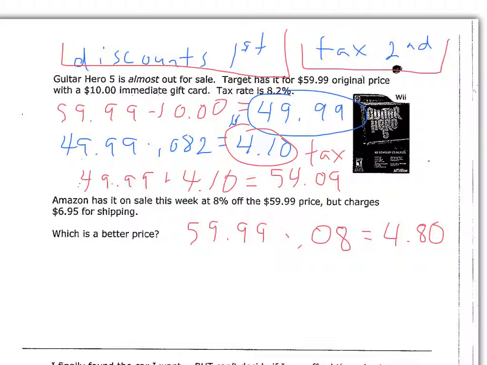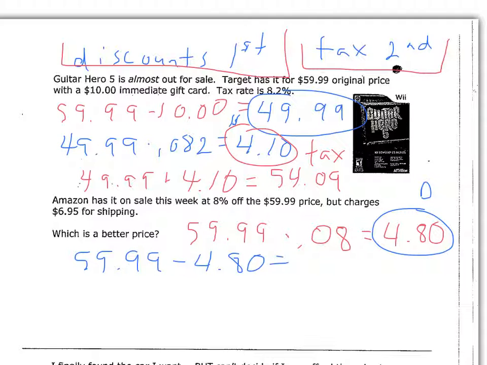And remember, this is our discount. Discount means less. So we're going to take our $59.99, subtract out our discount, and if you type that in your calculator, that should give you $55.19.